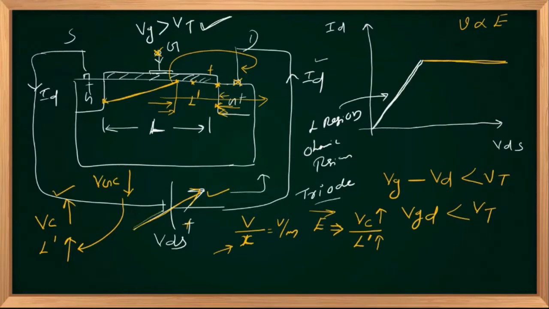If you are varying VDS further, the only difference is that the channel moves towards the left, but L dash increases and the channel potential also increases, so the ratio will be the same. So the velocity of the carriers will be the same, so the current will be the same. We will say that the current is getting saturated.